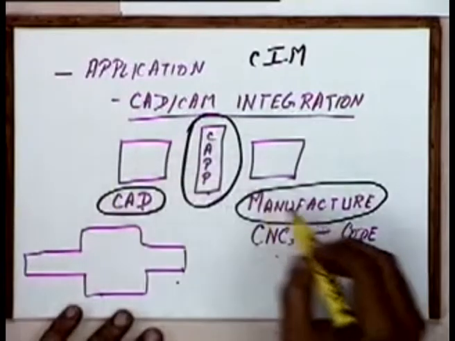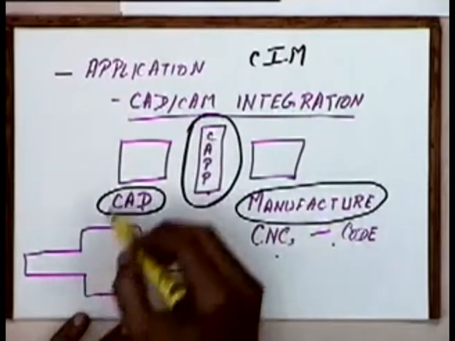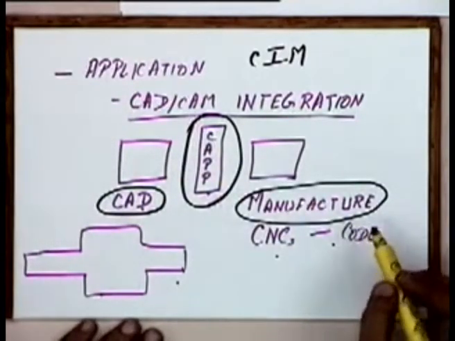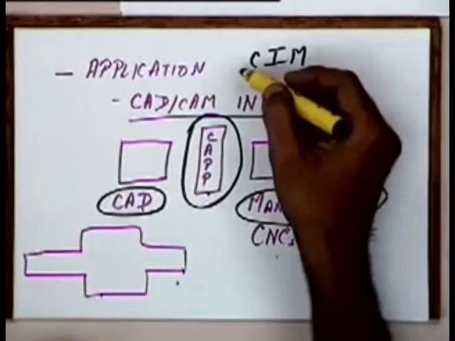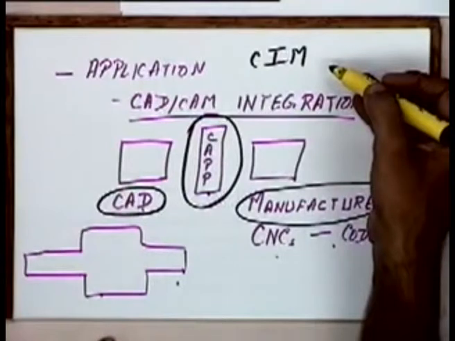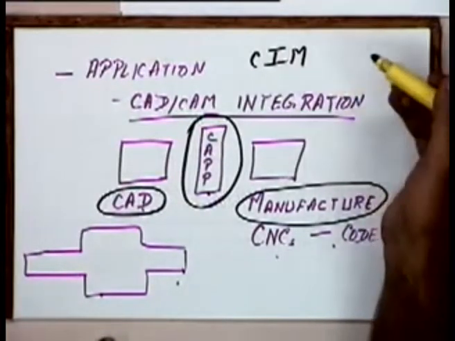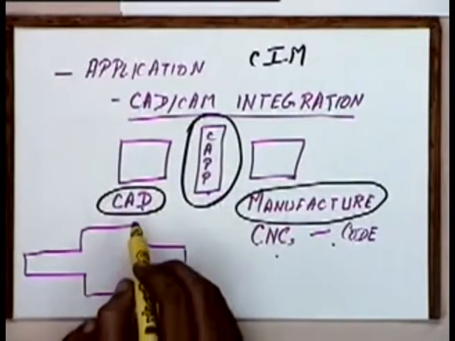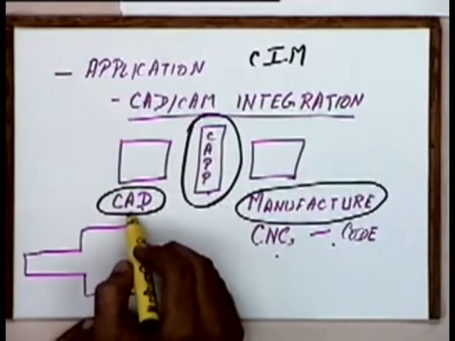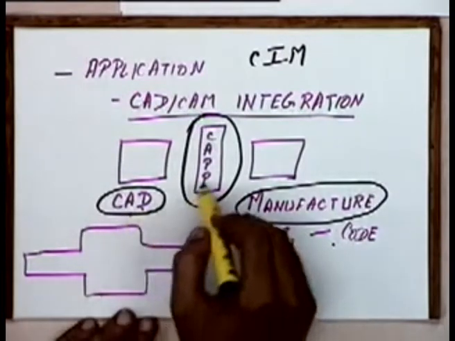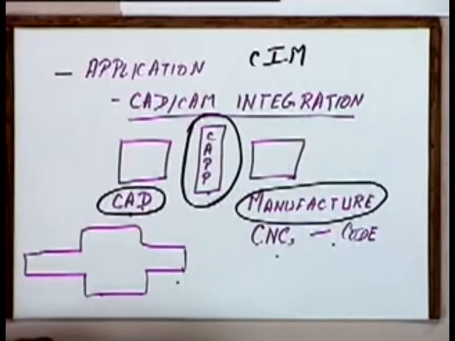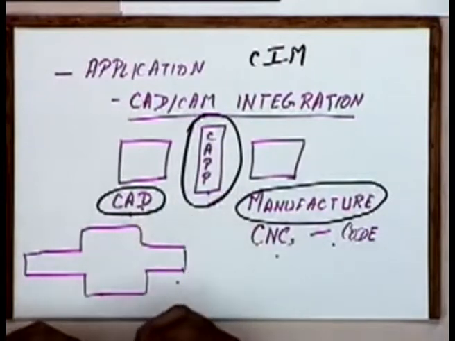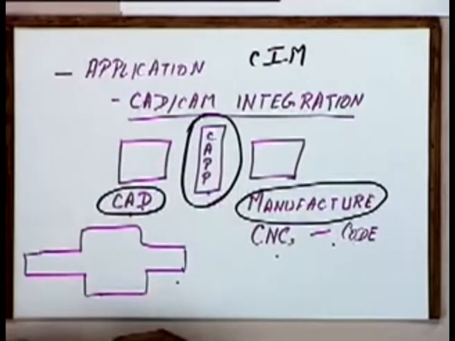This complete cycle comes as a part of CIM. There are other aspects to CIM as well, but we won't get into that. The CAD model that has been created forms a basic link for each of these stages in CIM. If you are talking of an integrated manufacturing environment, the CAD model is the starting point.